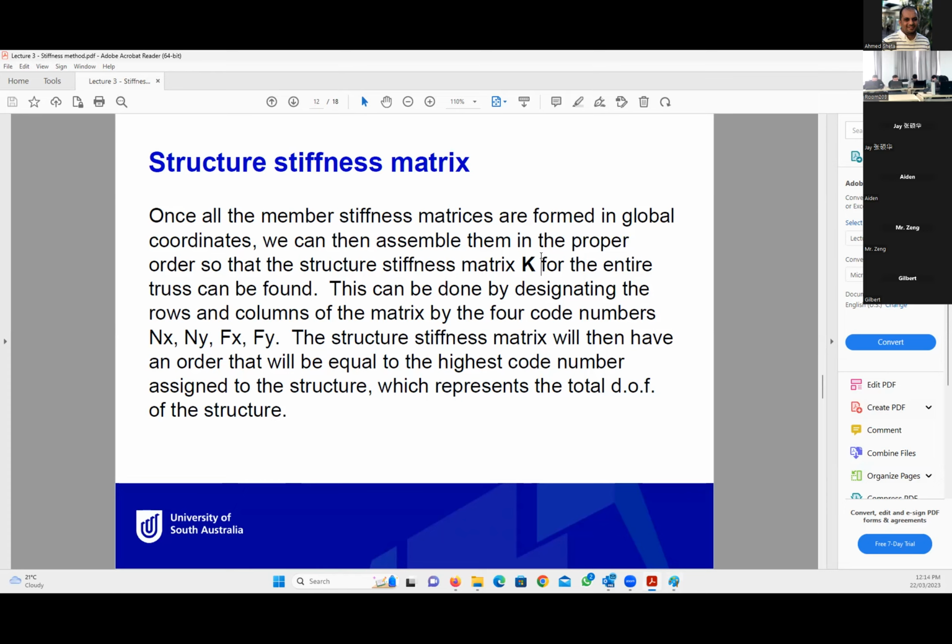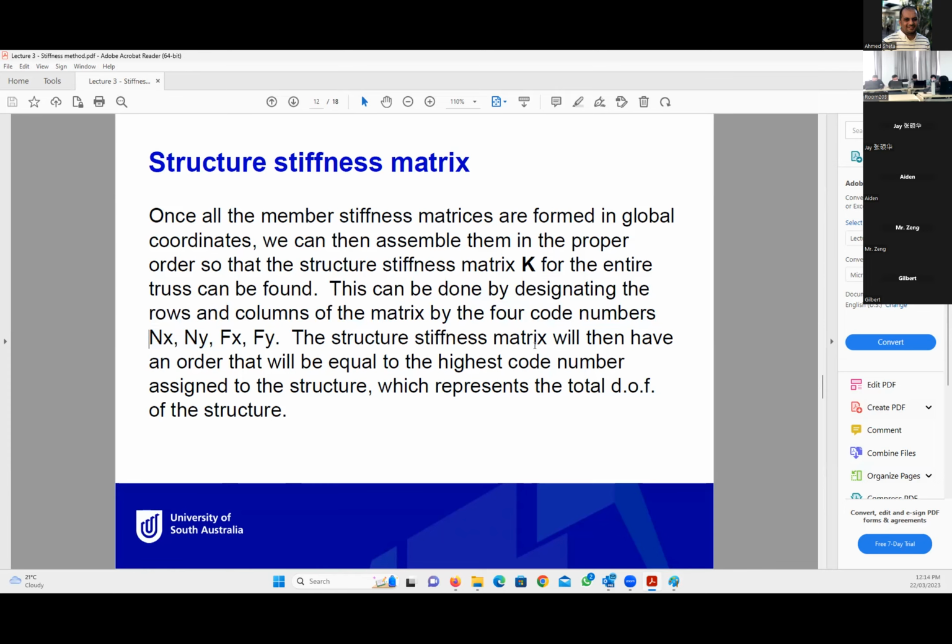This can be done by designating the rows and columns by four code numbers nx, ny, fx, fy, where n is the near end, the start point, and f is the far end, the end point.